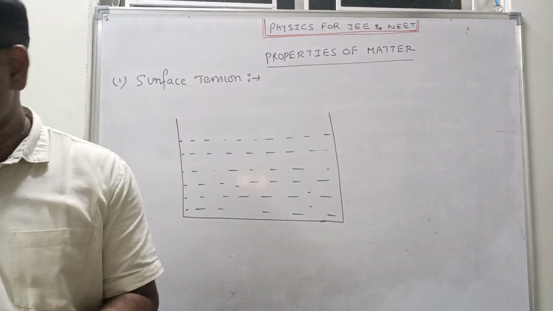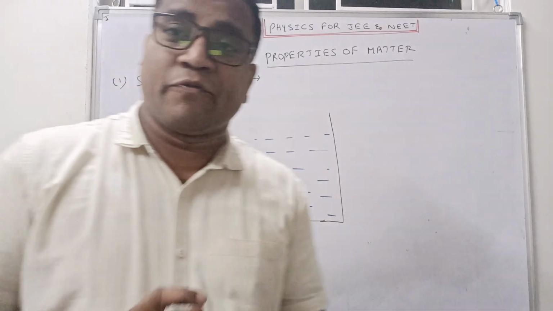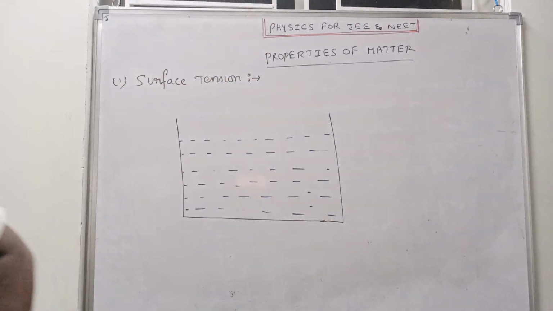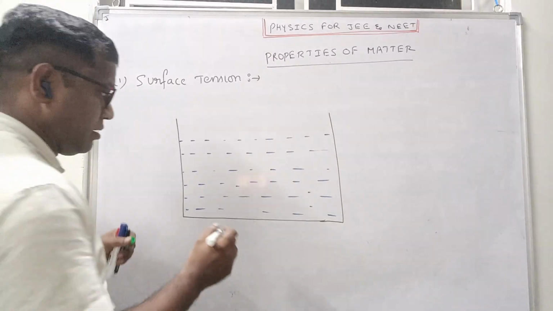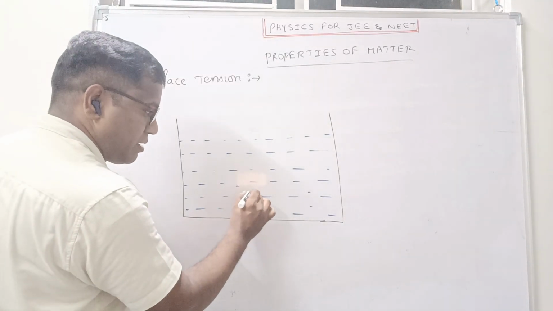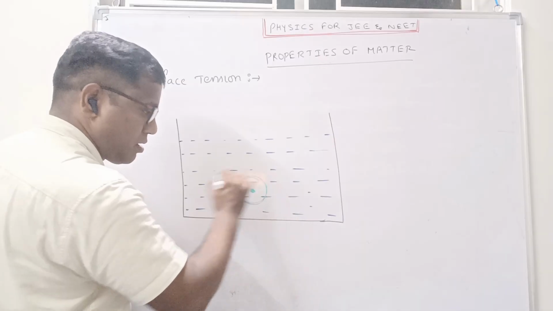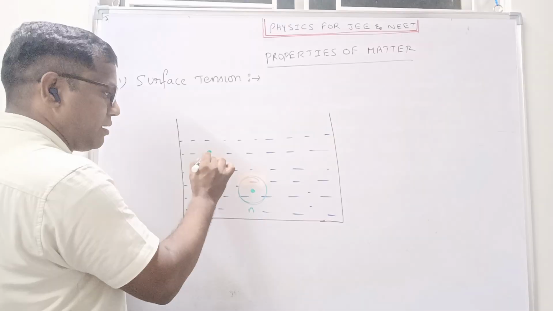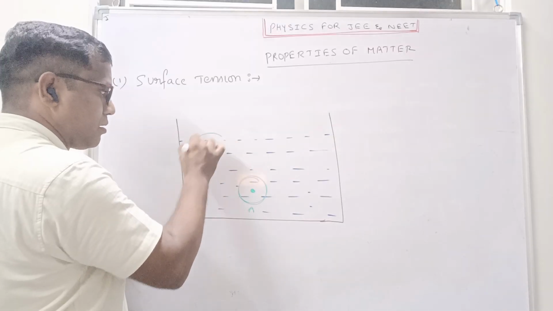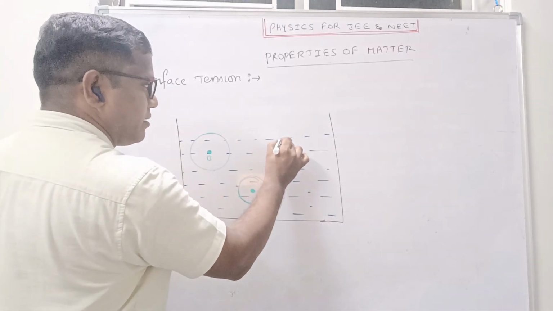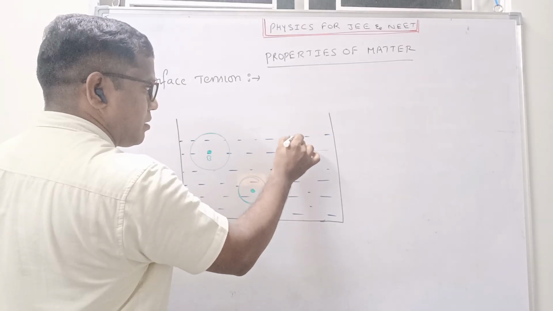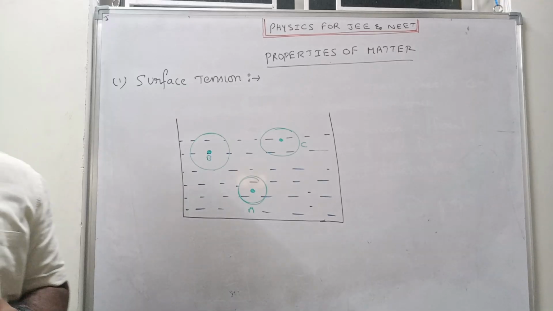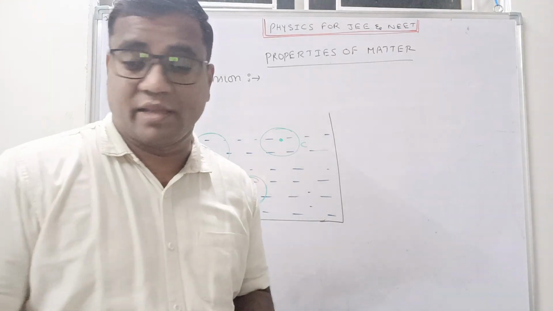Now try to understand. I will try to explain surface tension by using 3 points here. First point I will write here, this one, A, here it is B, and here is C. A, B and C. But try to understand carefully.